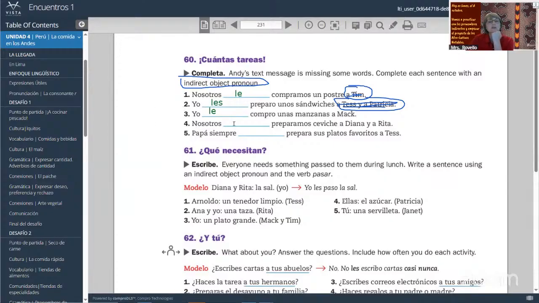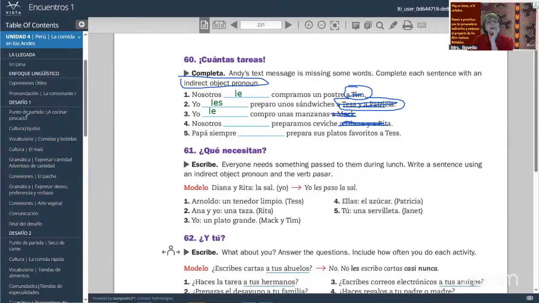Okay. All right. Nosotros preparamos ceviche a Diana y a Rita. So we have our clue for Diana and for Rita. Remember, we're replacing that, right? So we would get rid of this. So Diana and Rita. So how do we say for them? Good.